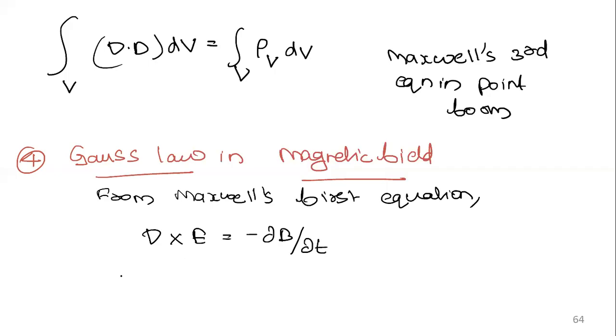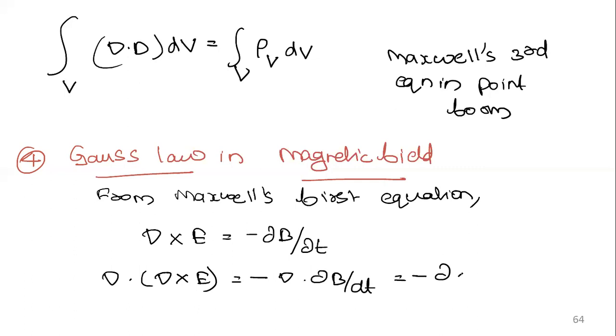Now we take del dot del cross E on both the sides. So minus del dot dou B by dou t, which makes it minus dou by dou t of del dot B. So you know that del dot del cross E is equal to 0. So that's how we have been doing all these cases.